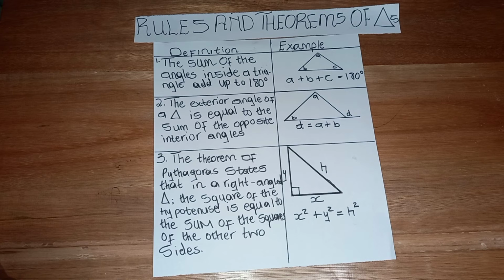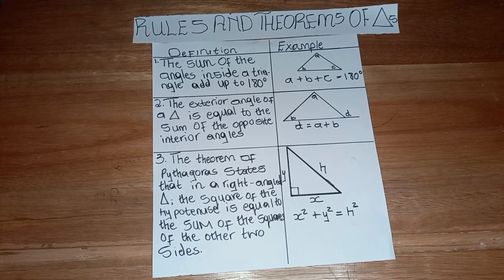So let's just do a quick recap. Rule number 1 says that the sum of the angles inside a triangle add up to 180 degrees. Rule number 2, the exterior angle of a triangle is equal to the sum of the opposite interior angles. Then the theorem of Pythagoras states that in a right-angled triangle, the square of the hypotenuse is equal to the sum of the squares of the other two sides.